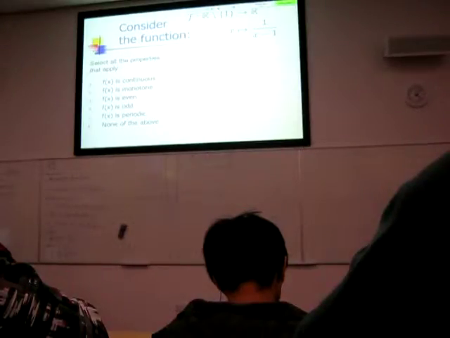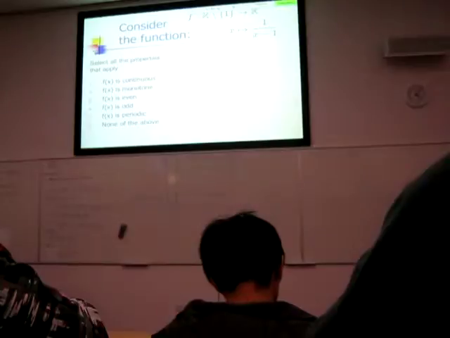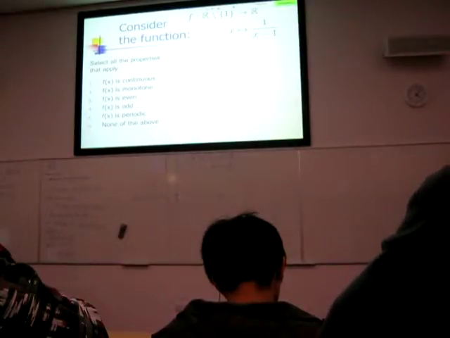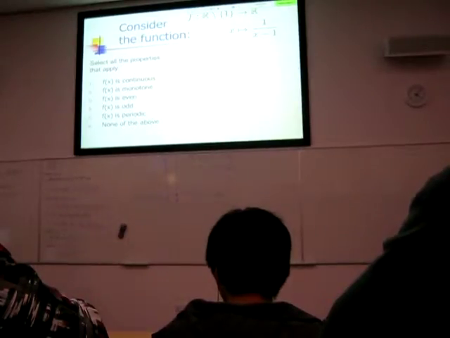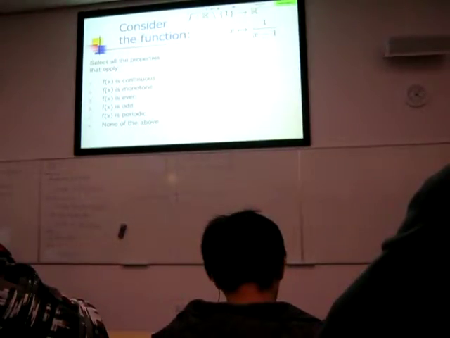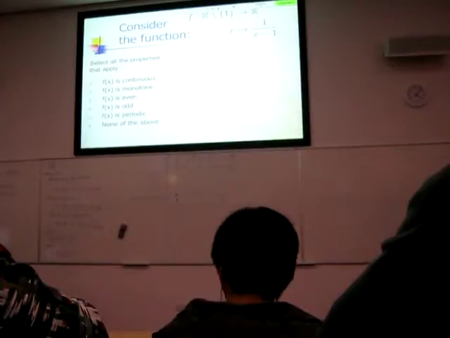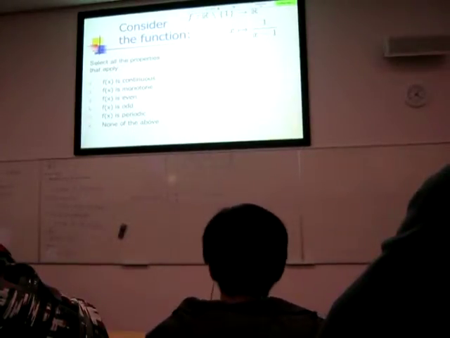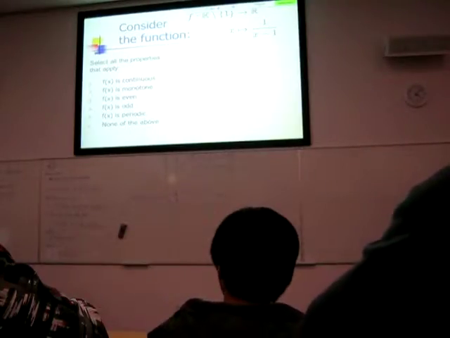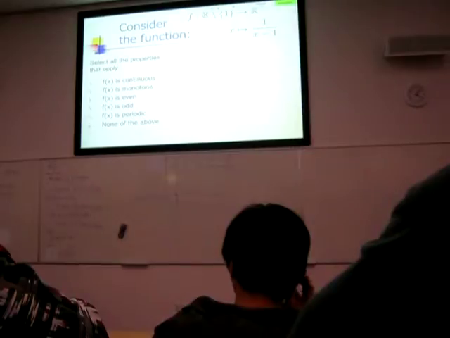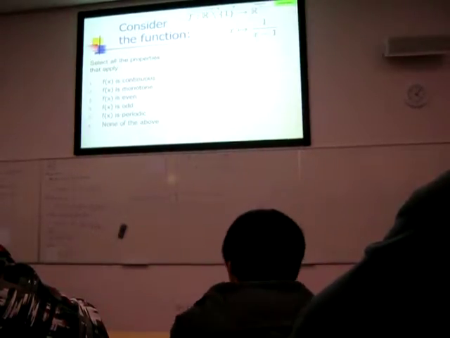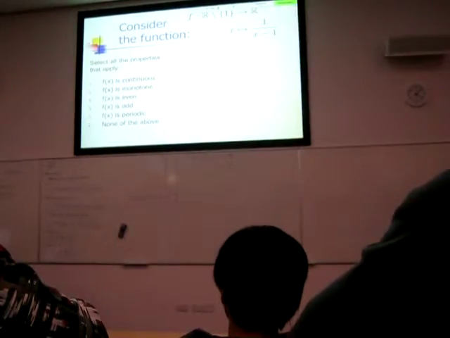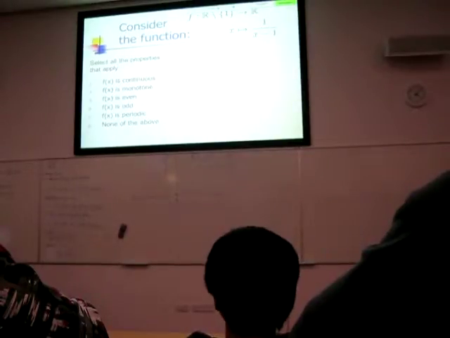If I excluded 0 from this completely, so if I only define the function up until 0 and greater than 0, then this function would be continuous again, because we are excluding 0 explicitly, and on all the other points of this domain, the function is continuous. So that's the definition.